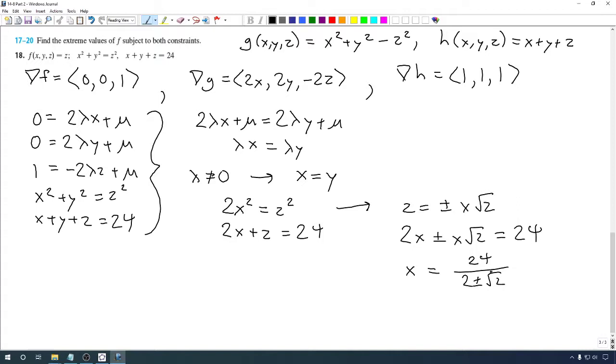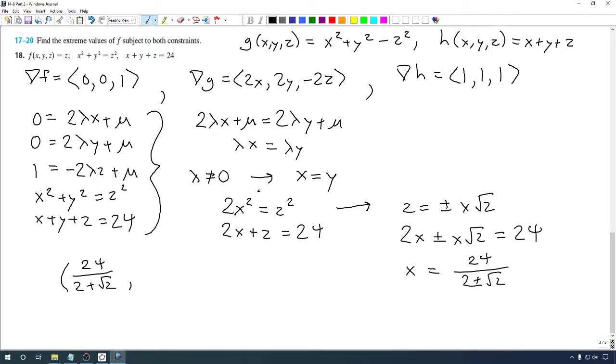Now there's two different values here, depending on whether we pick plus or minus, and that's going to give us two different points on the curve that will be important points. Our first point is 24 over 2 plus square root 2.